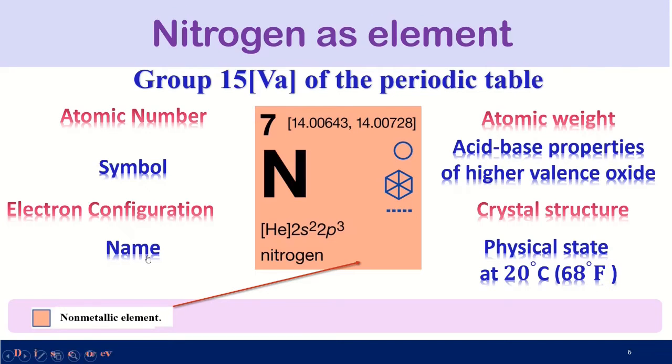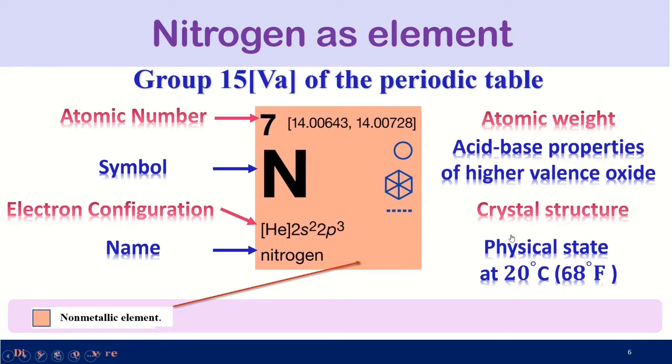The name nitrogen is indicated here, and the symbol is capital N. The electronic configuration of this element is 2s2 2p3, and the atomic number is 7.